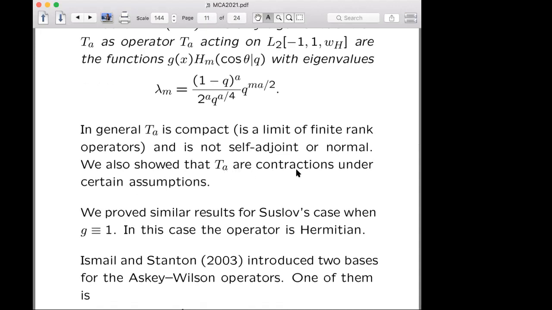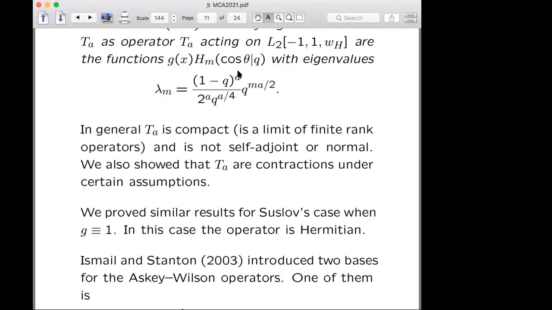It's not true in general as a contraction map. However, there is a condition here which has to be necessary, because your norm is at least as big as the smallest eigenvalue. And the smallest eigenvalue here is when m is 0. So this term is 1.